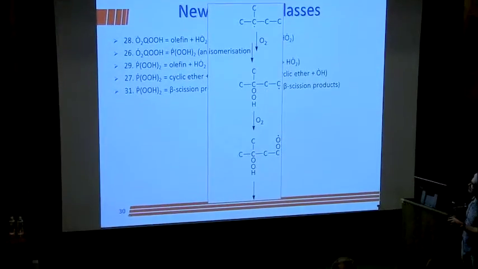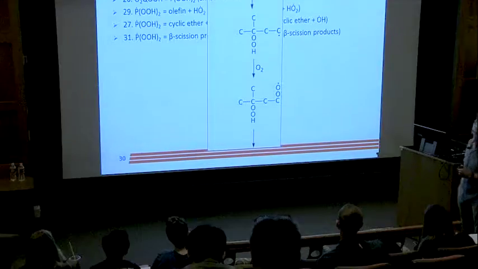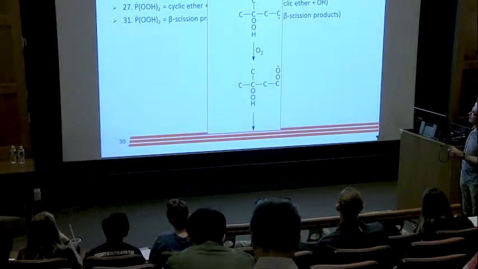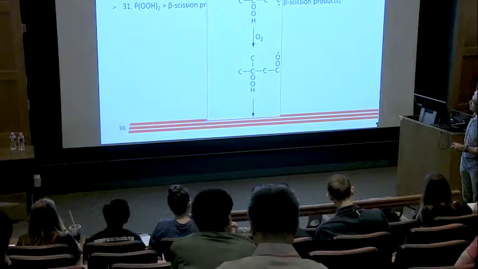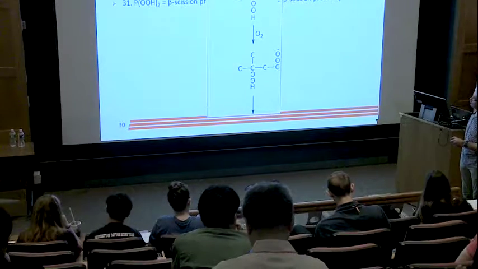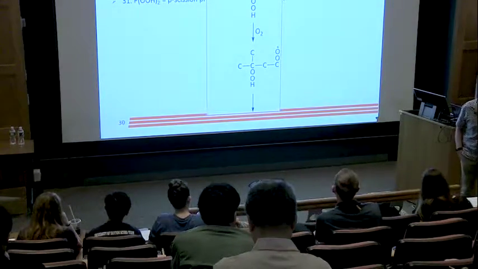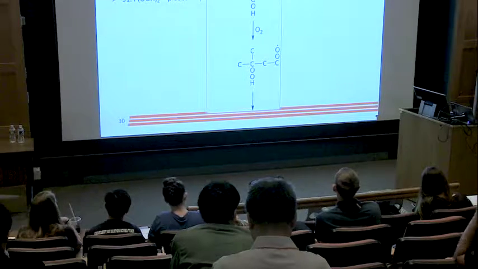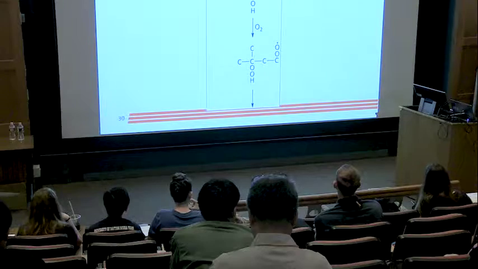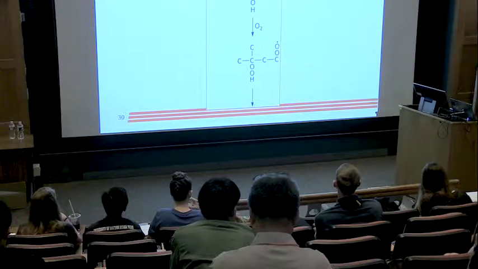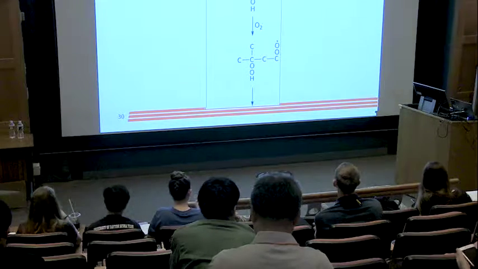But if we abstract the tertiary hydrogen atom, which is the easiest one to abstract, we get the alkyl radical, that adds to molecular oxygen, we form the RO2, and then we have a 1, 2, 3, 4, 5, 6-membered ring giving us the QOH, the most facile one, and it's the fastest one that will occur. And then this is our QOH, we add to molecular oxygen, and we get O2QOH.